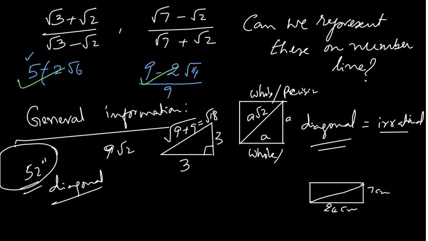Abacus. Fast. Square root of that. 25. Okay. So you're getting 25. A whole number.